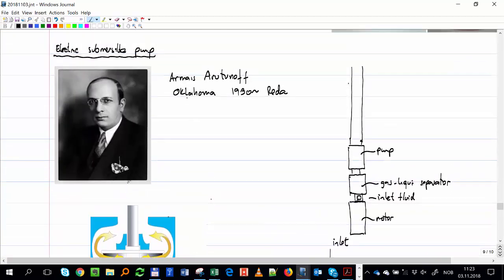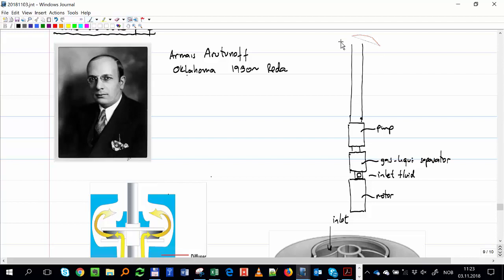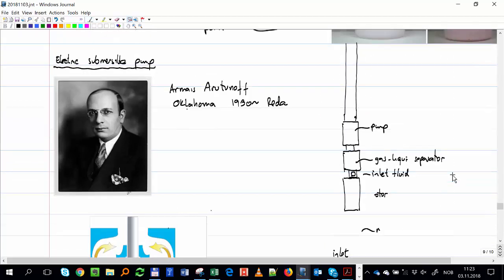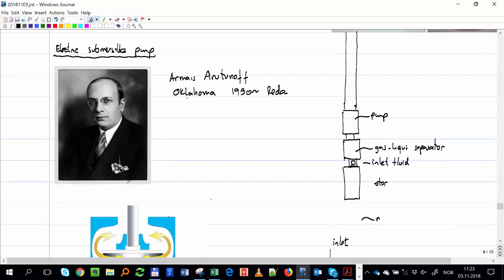And if we paint, we have to pull it up a bit. We have to paint also the casing, just to see where we are. Here we have our casing.